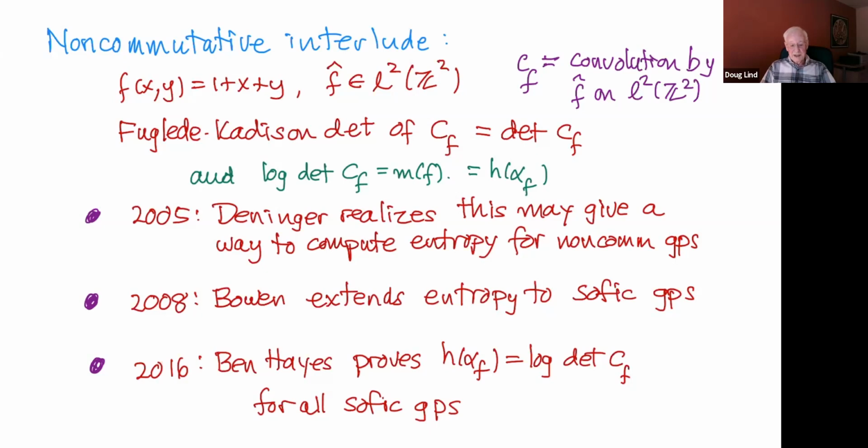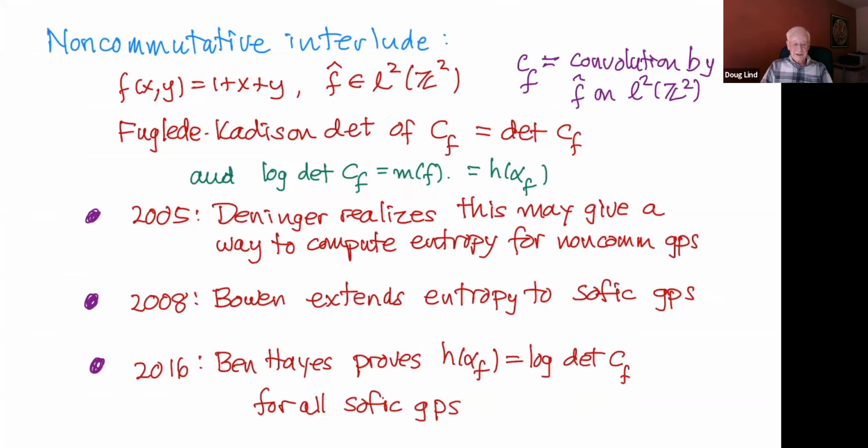And in 2016, Ben Hayes showed that this formula, you can sort of eliminate the middleman here, and entropy is now defined because it's a sofic group. Log det is defined just in general, and Ben Hayes proved the ultimate general theorem that entropy is computed by the Fuglede-Kadison determinant.